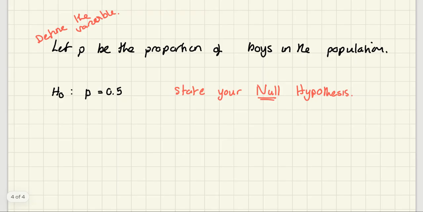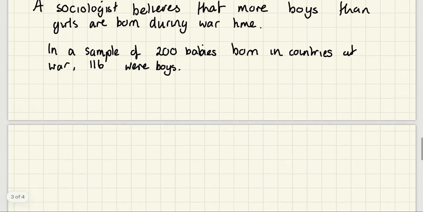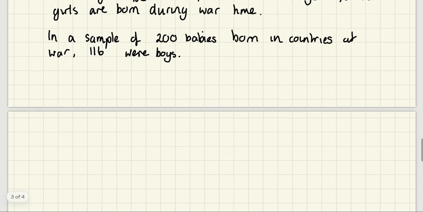What we then have is H1, where we say P is greater than 0.5, because the statement in this question was, in wartime, there are more boys than girls.